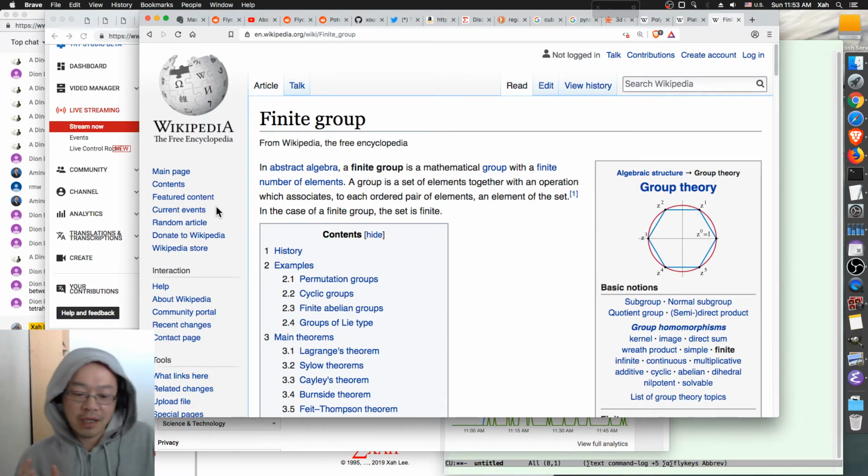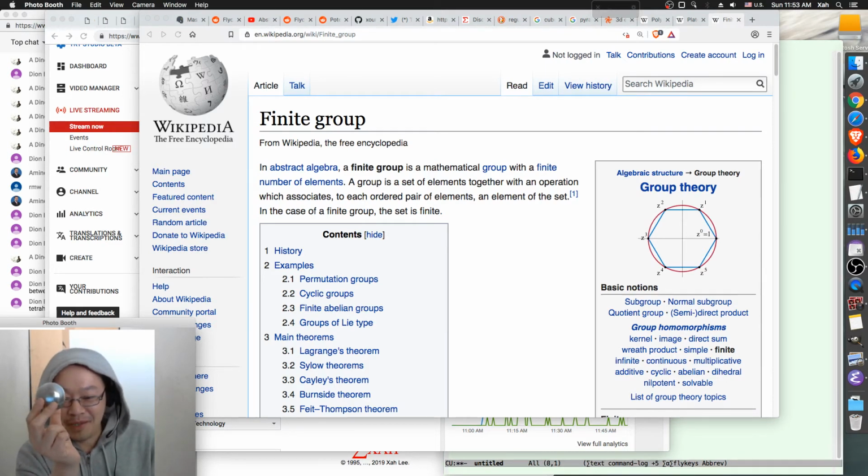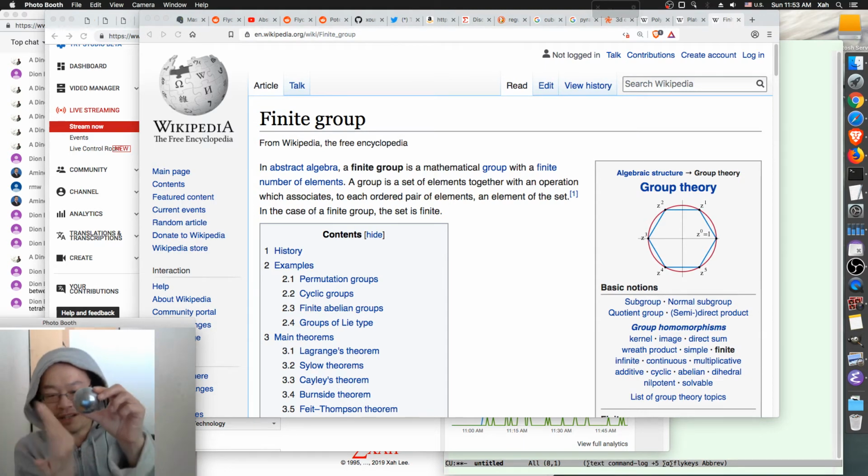Now we are talking about finite groups because there are infinite groups as well, meaning that the group has an infinite number of symmetries. What is an example? Here is an example. Can you see? There are an infinite number of symmetries of a ball because first of all it has a mirror symmetry on any plane, any way you cut it, it's a mirror symmetry.